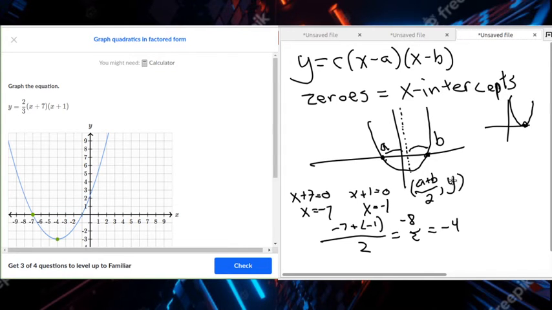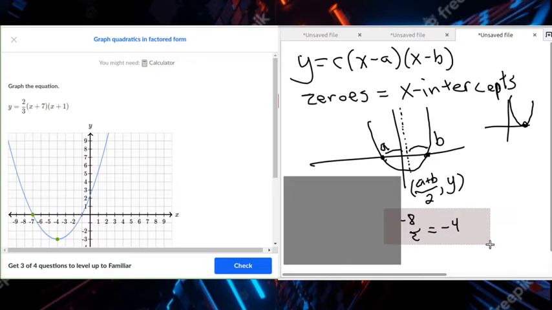And how do we do that? We plug that in. We substitute. So let me go ahead and substitute. Need to figure out, using a new drawing program, I need to figure out what I'm doing. So our y, pencil's good. Our y is equal to 2/3 times x plus 7 times x plus 1.